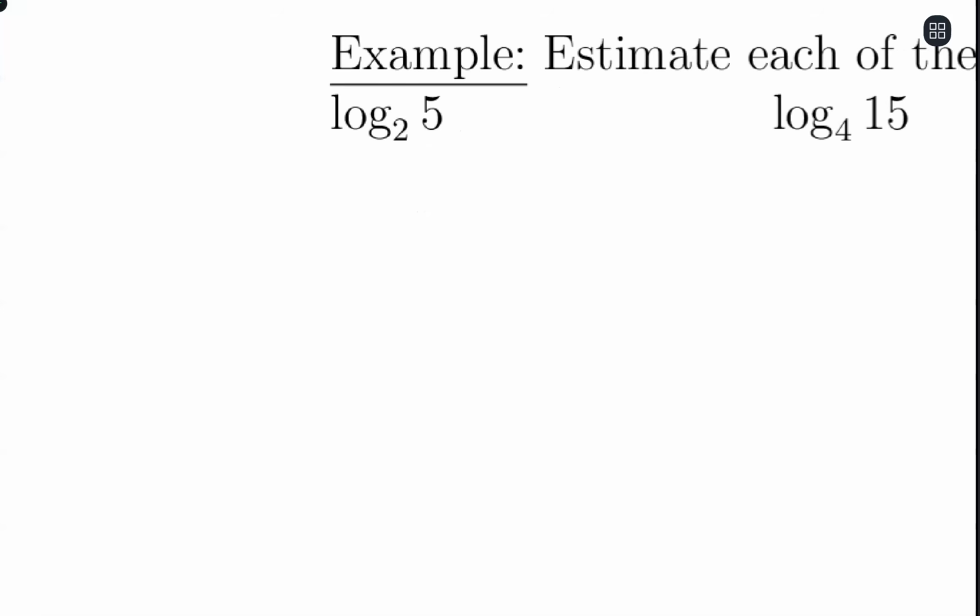So if I have log base 2 of 5, what I can do, using the change of base formula, is evaluate this as, so we have our base of 2, value of 5. So 5 is going to go in the numerator, 2 is going to go in the denominator. But then we just need to choose, are we going to do base 10 or base e?